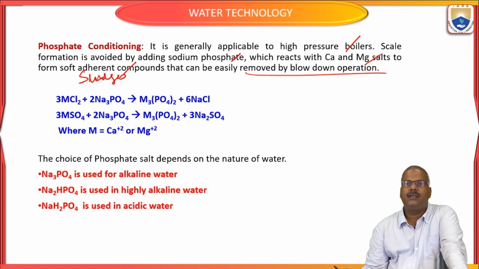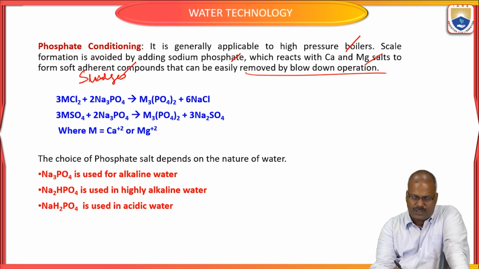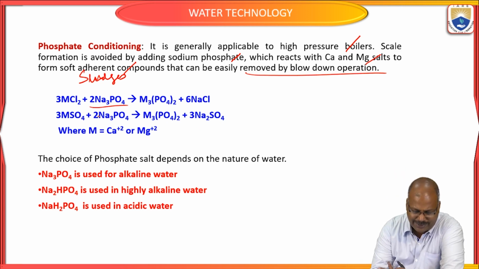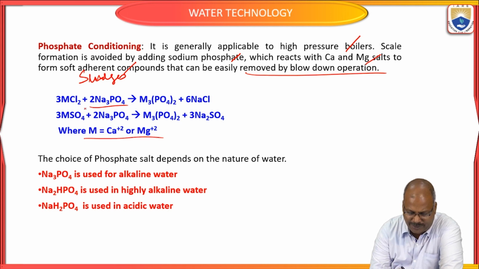Instead of sodium phosphate, we can also use other phosphates. In the reaction examples, where M is calcium chloride or calcium sulfate, it becomes calcium phosphate plus 6NaCl, or calcium phosphate plus sodium sulfate.